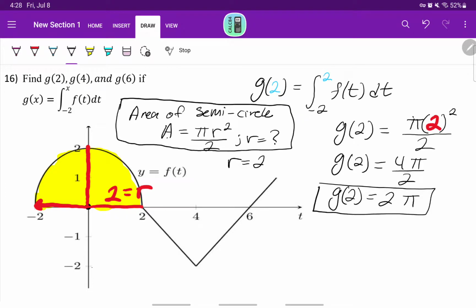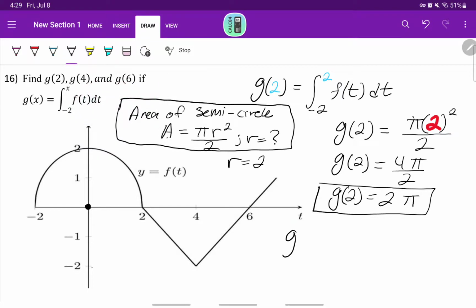Okay, let's find the next one. It says find g of 4.